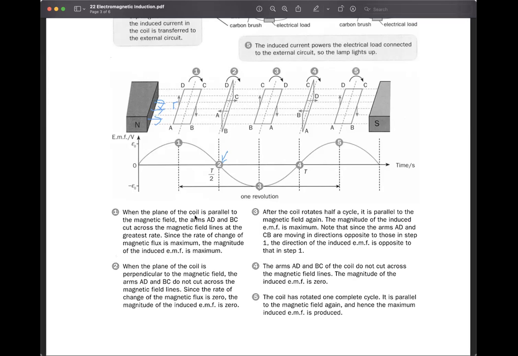When the plane of the coil is parallel to the magnetic field, basically the force is perpendicular to the magnetic field. Okay, there will be induced EMF, so the current will be the greatest. Then number two, when it is now perpendicular, when the plane is perpendicular to the field, but I don't like talking about plane.